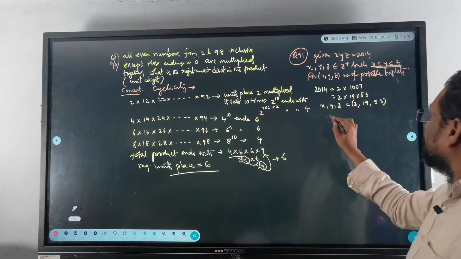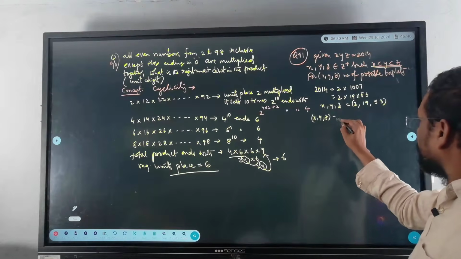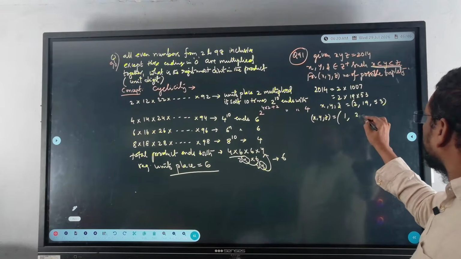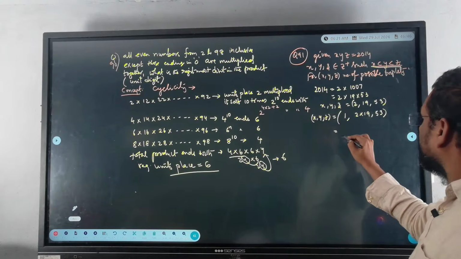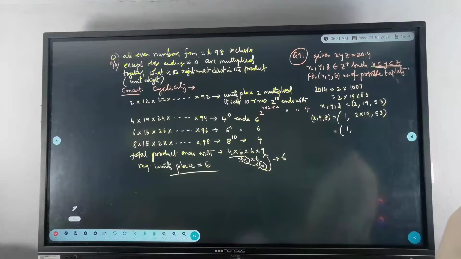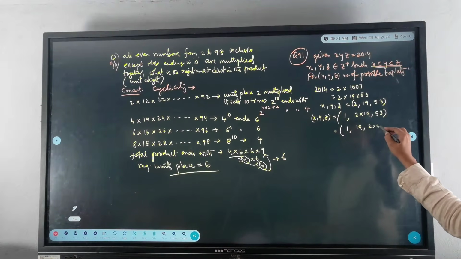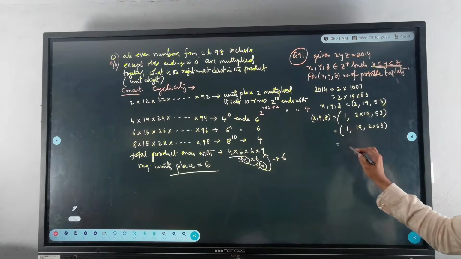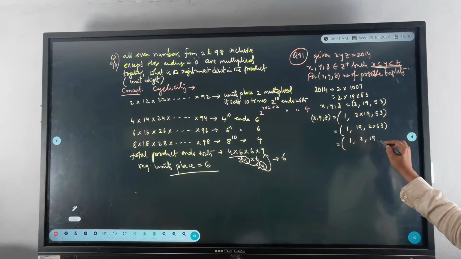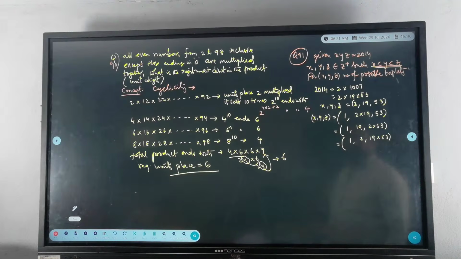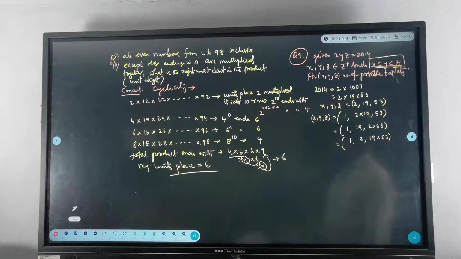Next, other triplets for xyz: 1, 2, 19 into 53; 1, 19, 2 into 53; and 1, 2 into 19, 53. These all satisfy the condition x less than y less than z.